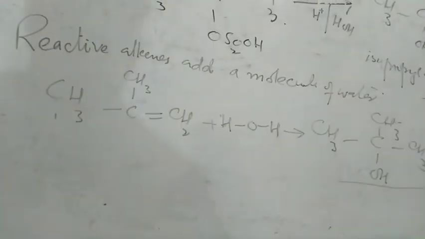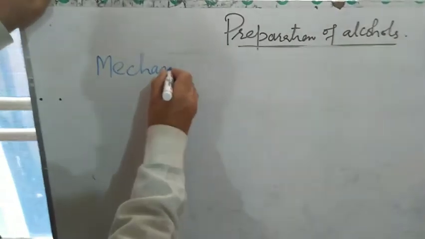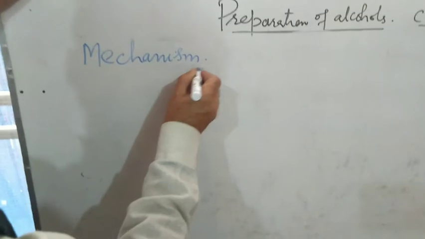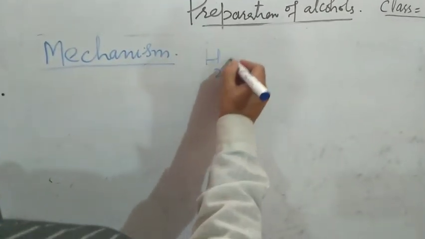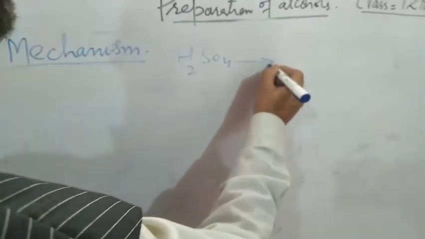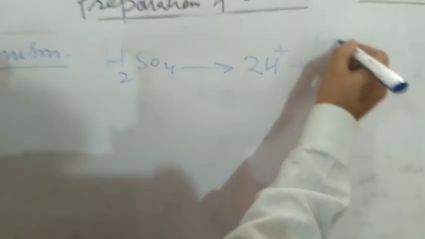Process is, अगर हम mechanism इसका लेंगे, तो mechanism में क्या, for example, mechanism of the hydration is as this. First, H2SO4 gives twice H positive plus SO4 double negative here.